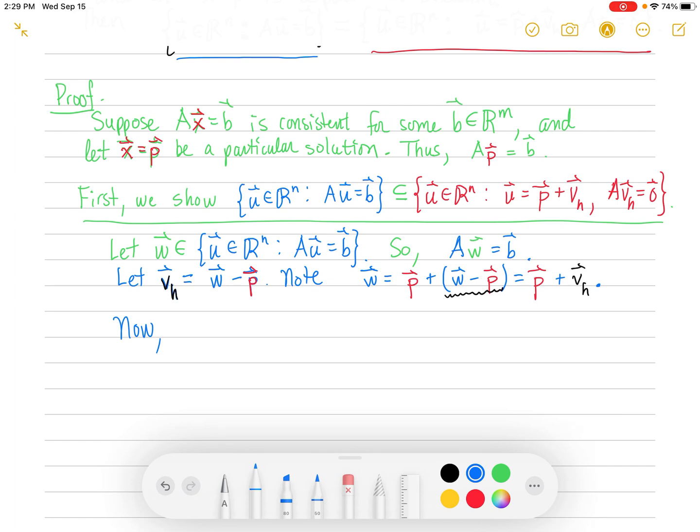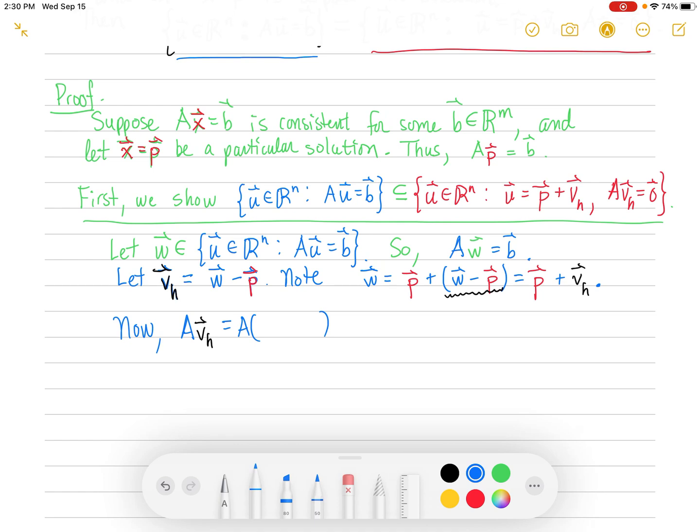Now, let's see if VH truly is a solution to the homogeneous equation. Let's take VH and plug it in place of X in the homogeneous equation. So A times VH, where an X would go. We want to determine, is that equal to the zero vector? Well, let's see.